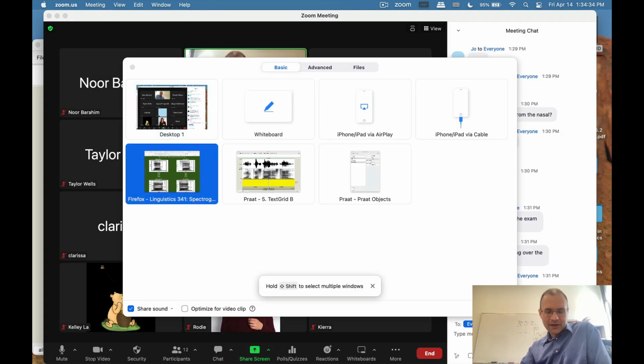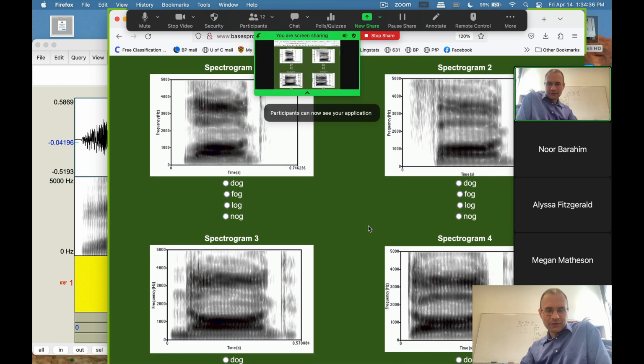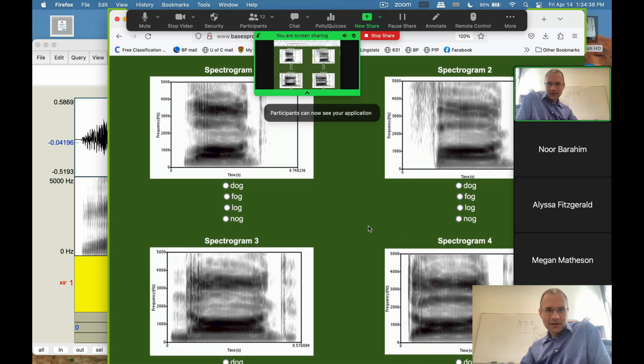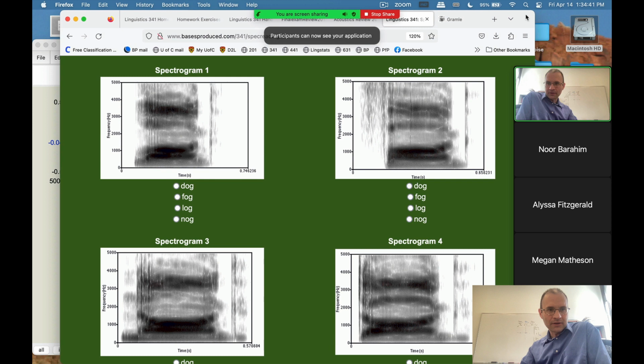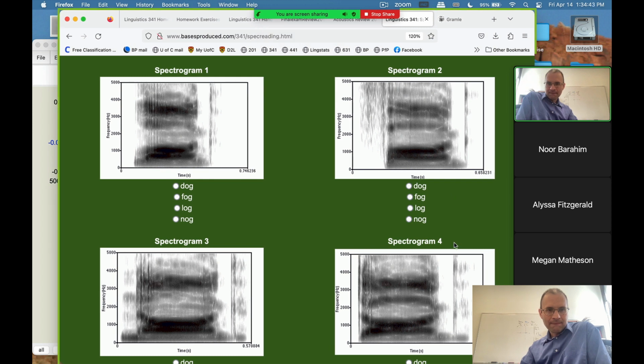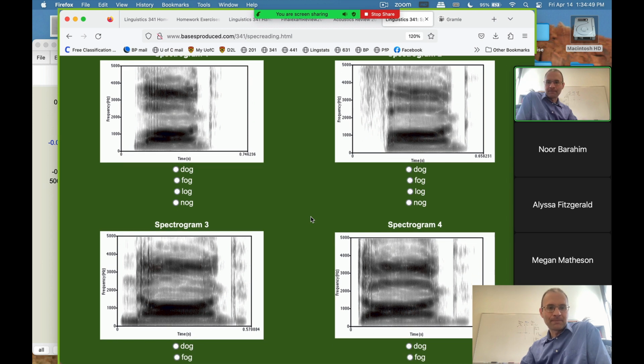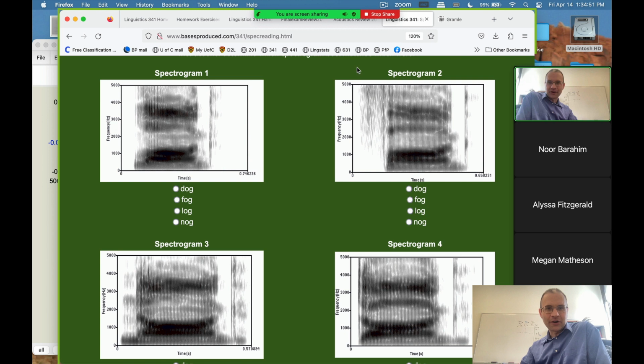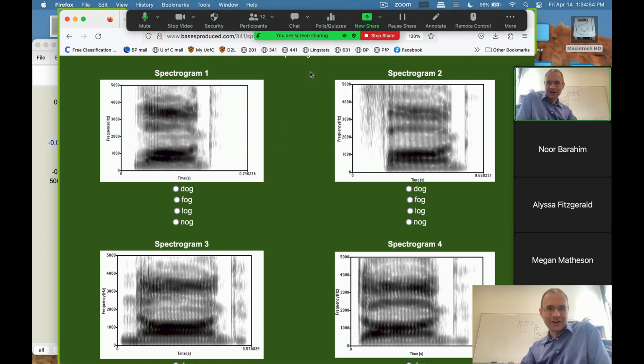Without sound. So, if you look at the first set of spectrograms in that handout, these are for manner of articulation identification. There are 4 of them, and the options are dog, fog, log, and nog.